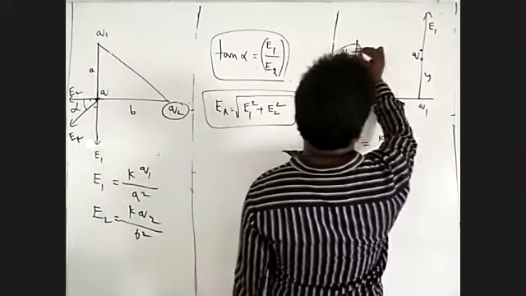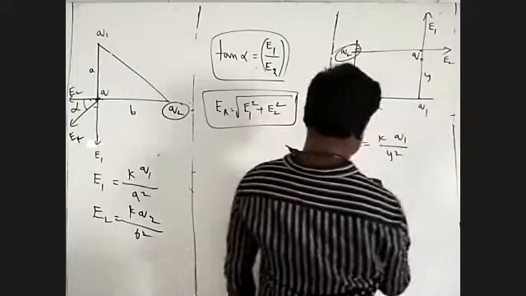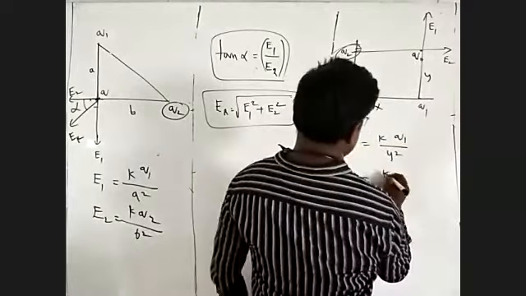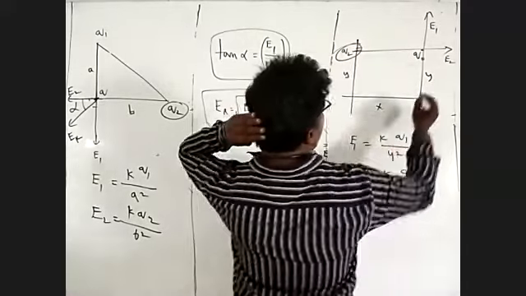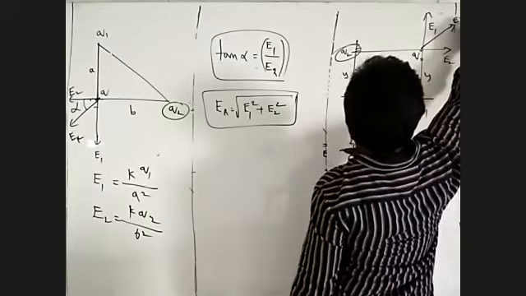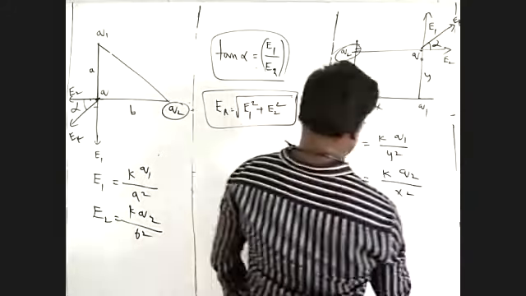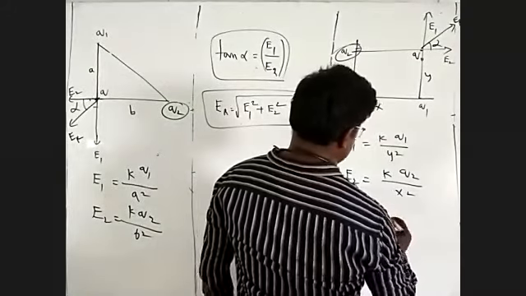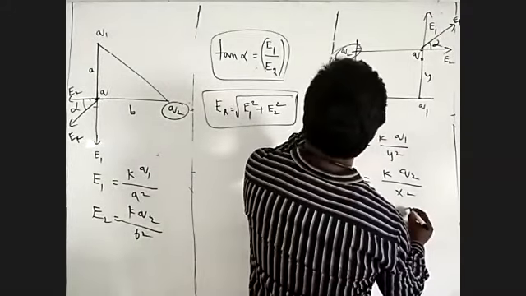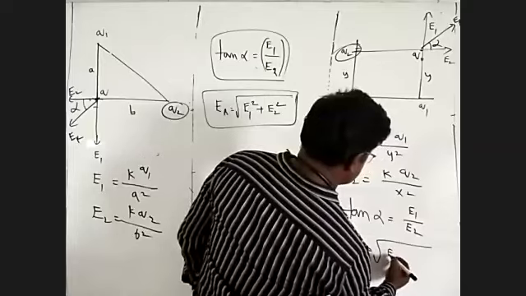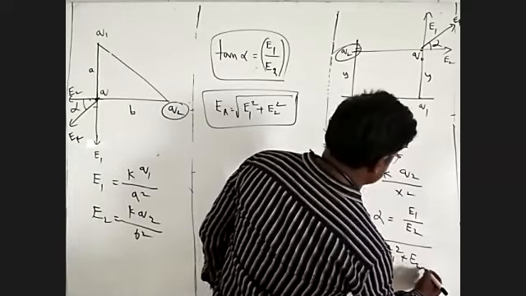This charge repels the charge in this direction, that is E2. E2 is equal to K into Q2 by distance X square. Now this is the resultant electric field, making an angle alpha. Tan alpha is equal to E1 by E2. ER, the resultant, is equal to root of E1 square plus E2 square.